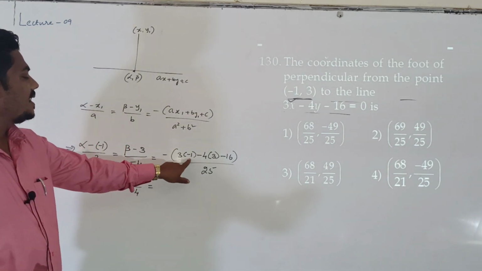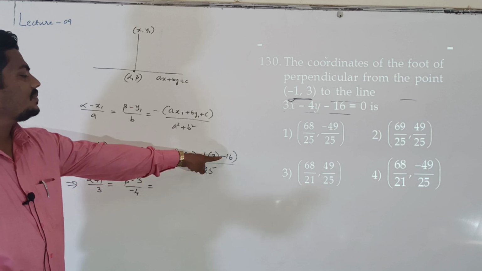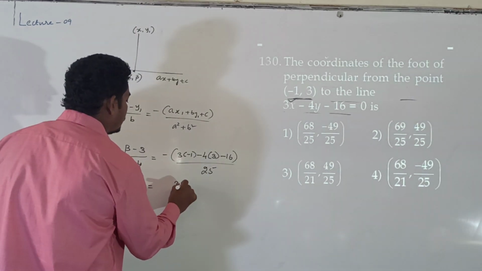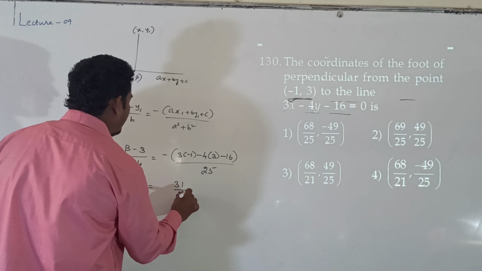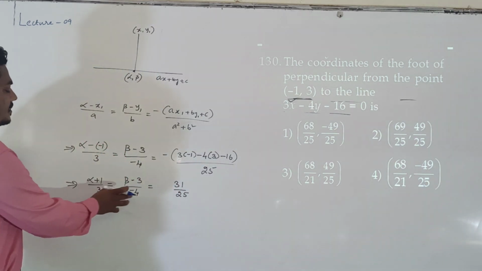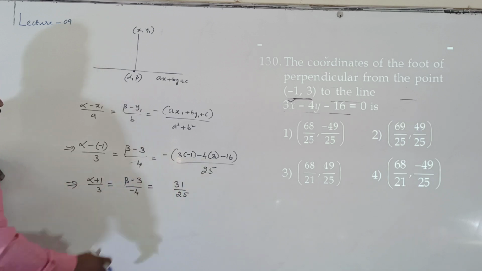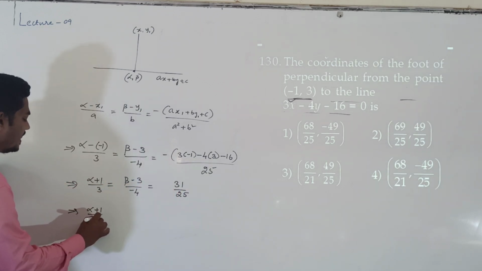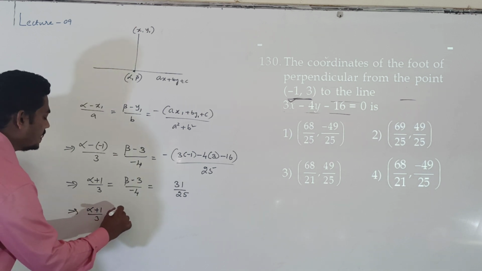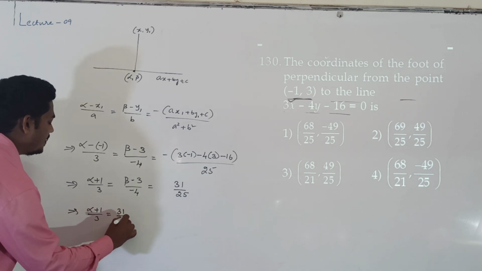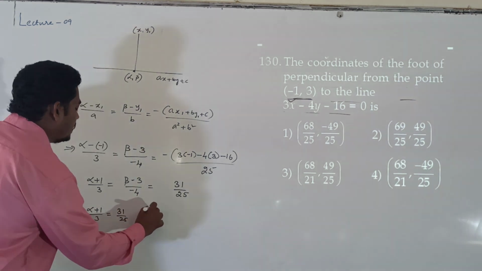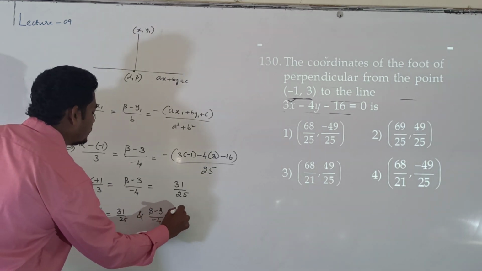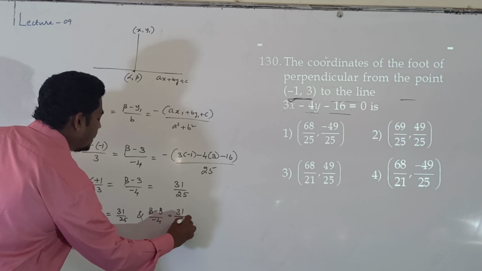This is minus 3 minus 12 is minus 15 minus 16 minus 31, minus into minus plus, 31 divided by 25. Then it is like x equal to y equal to some value, implies (alpha plus 1) divided by 3 is equal to 31 divided by 25 and (beta minus 3) divided by minus 4 is equal to 31 divided by 25.